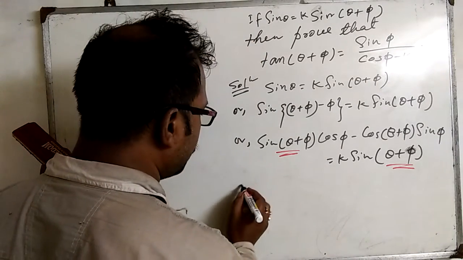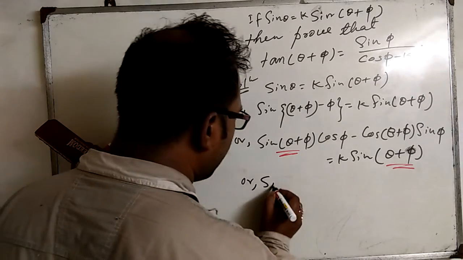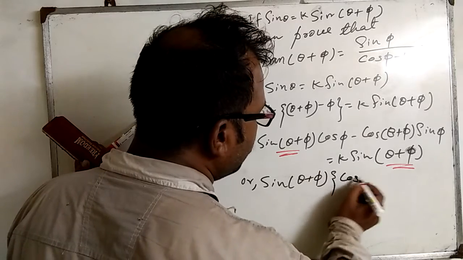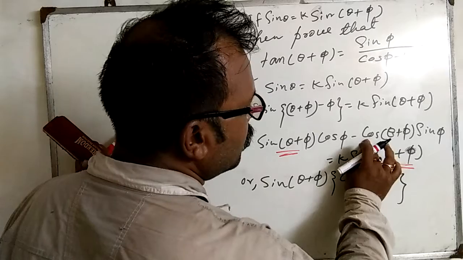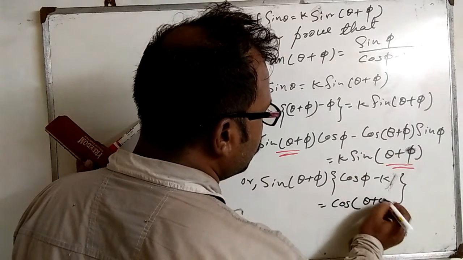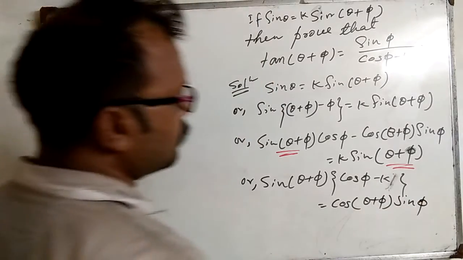We just bring that sin theta plus phi to the same side, and we can write sin theta plus phi into cos phi minus k equals to, that will be transferred to the right side, cos theta plus phi into sin phi.